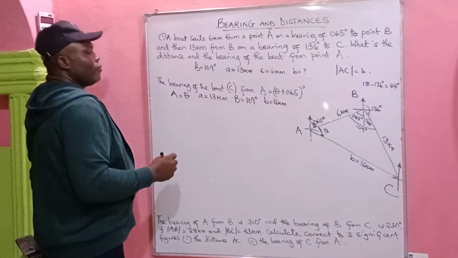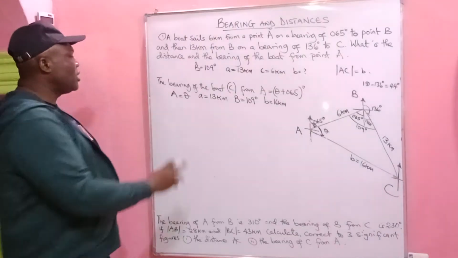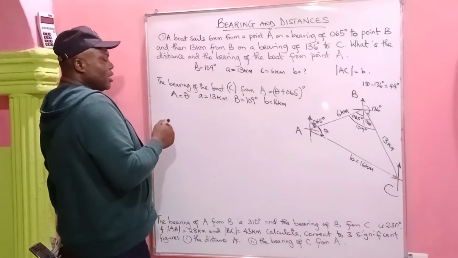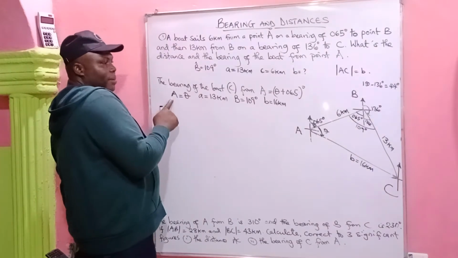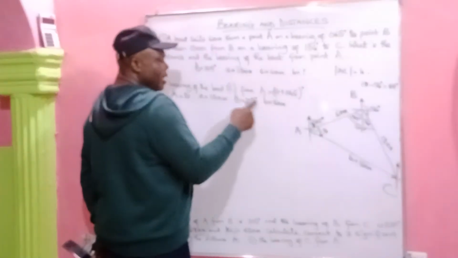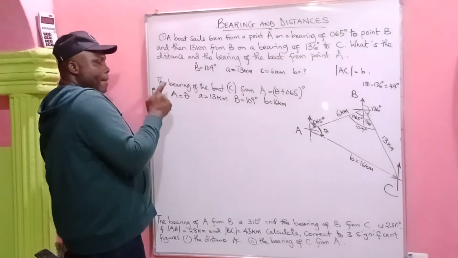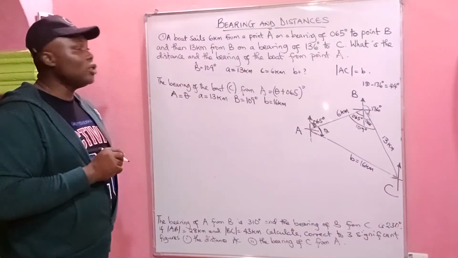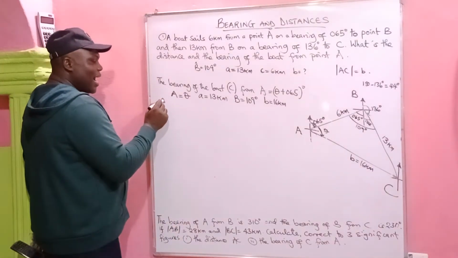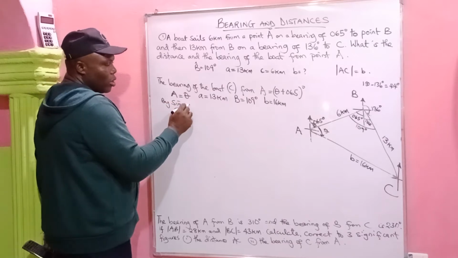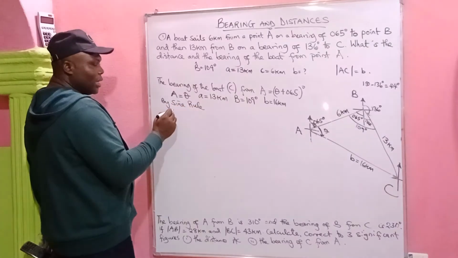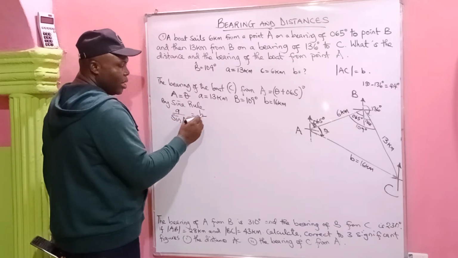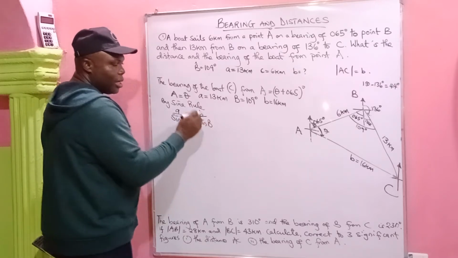With this, we can deduce the value of theta using the sine rule. If you look at it, we have small a, big A, small b, big B. So we can find theta by the use of the sine rule. By sine rule, a over sine A is equal to b over sine B. It's that simple.